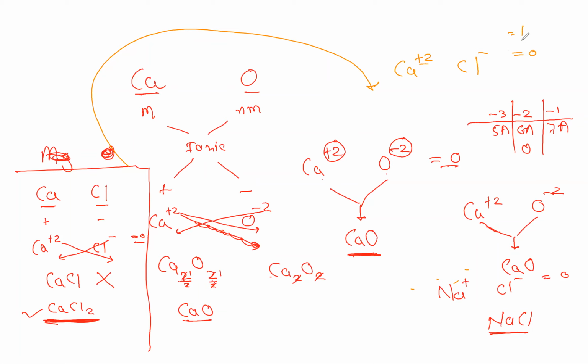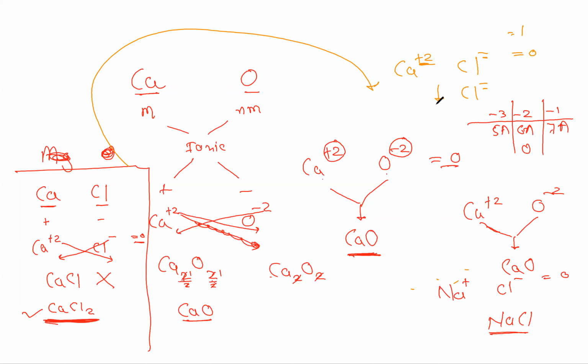If you want to make this charge equal, you can have another Cl minus. Now it is plus 2 minus 1 minus 1, which means plus 2 minus 2. Do you follow me?